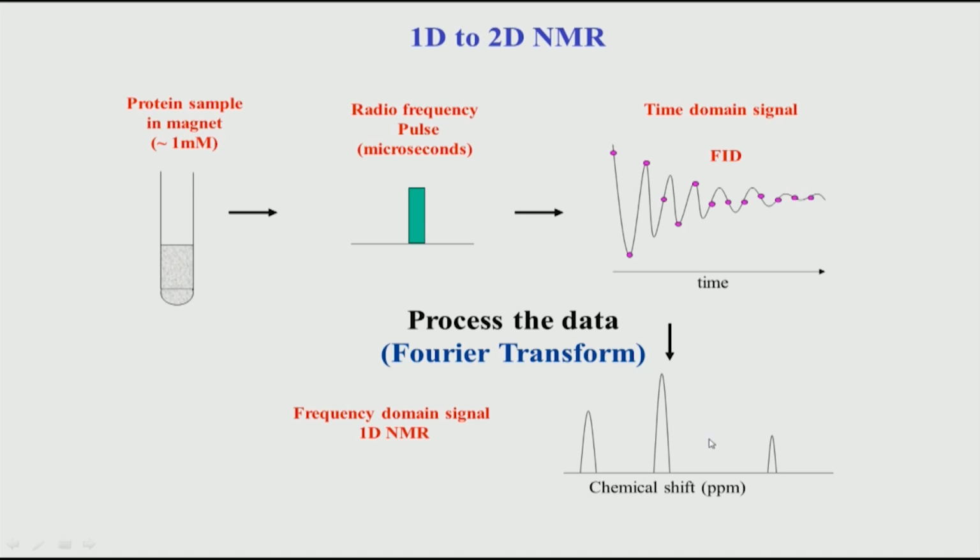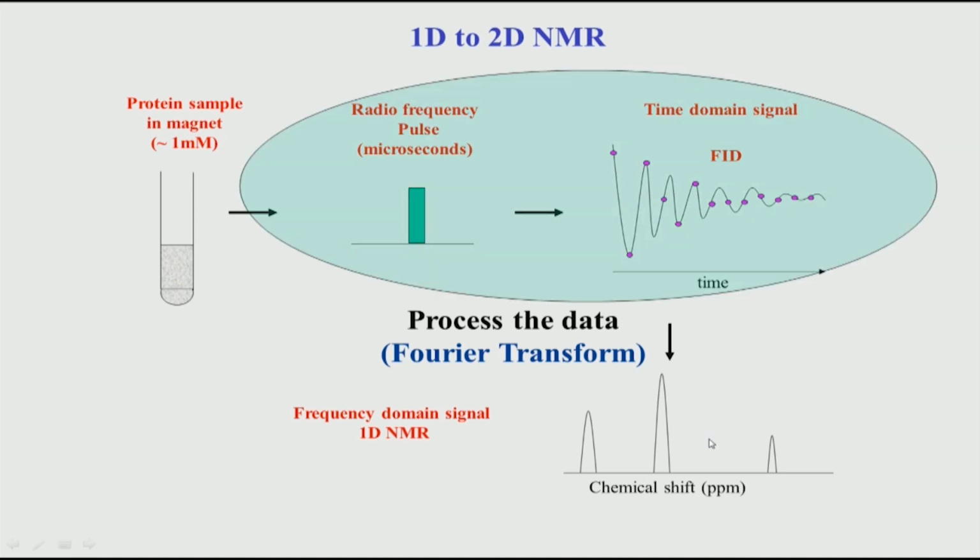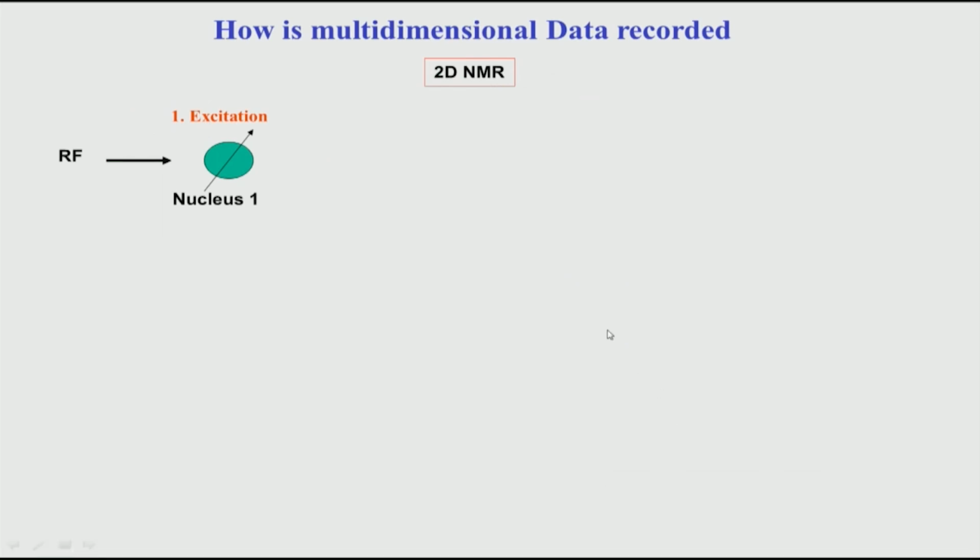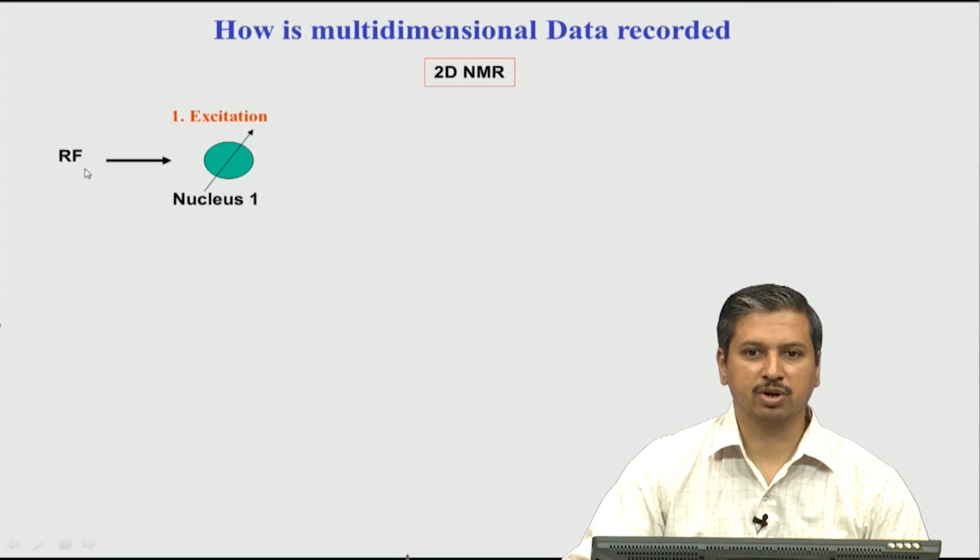Now, for 2D NMR, we extend this concept a little bit more. When you go to 2D NMR, you start again from an RF pulse, just like the 1D, and you apply it to a nucleus. Let us say we have a nucleus 1, some atom in the molecule, a hydrogen atom.